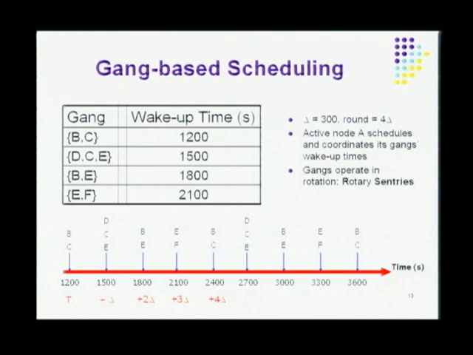For the first GAN, it schedules it to wake up at 1200, and the second GAN is scheduled to wake up delta after the wake up time of the first GAN, which is 1500, and then the third GAN wakes up at 1800.